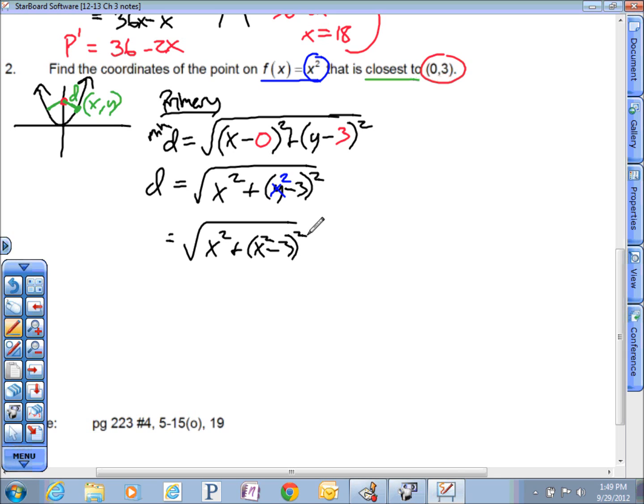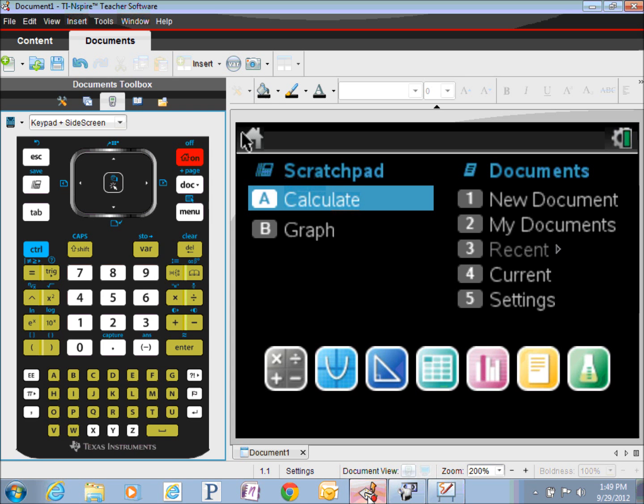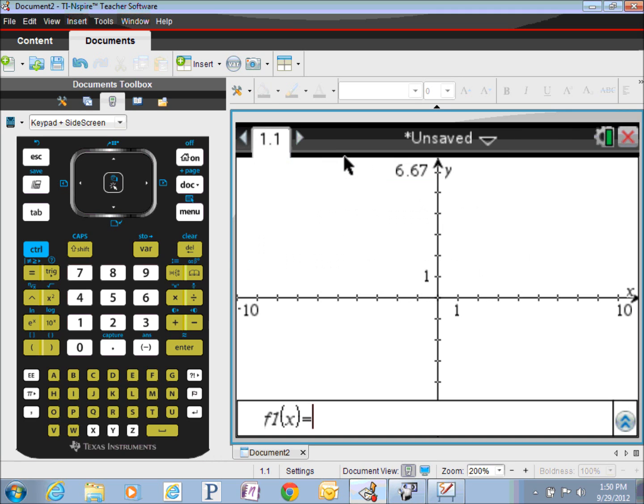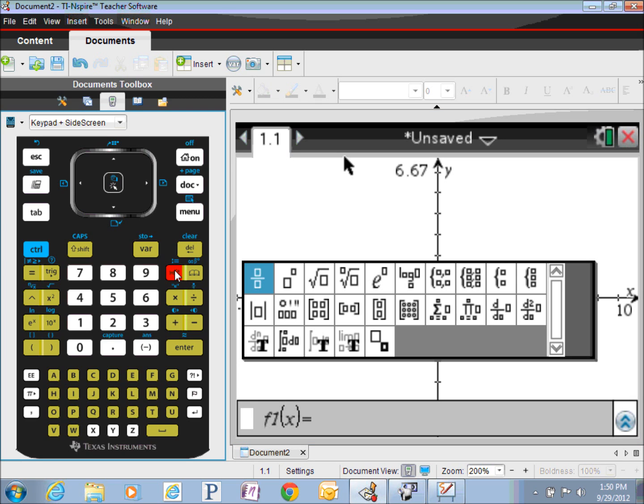So let's go to my calculator. Let's plug that in, graph it, and see what we can find for a minimum. I'm on my Inspire, so let's go to a new document, and I'm going to do a graphs page. On my graphs page, let's punch this in. I'm going to go to my templates button and use the square root.